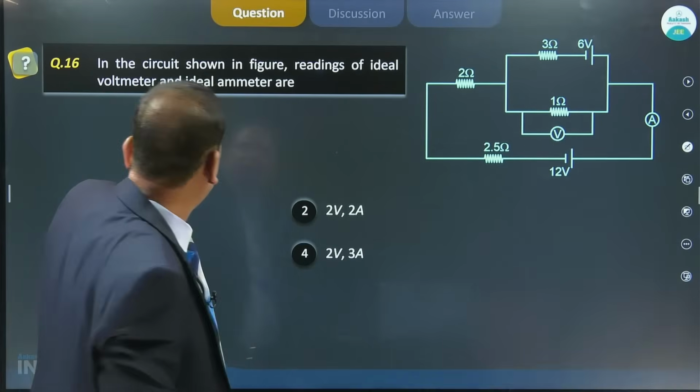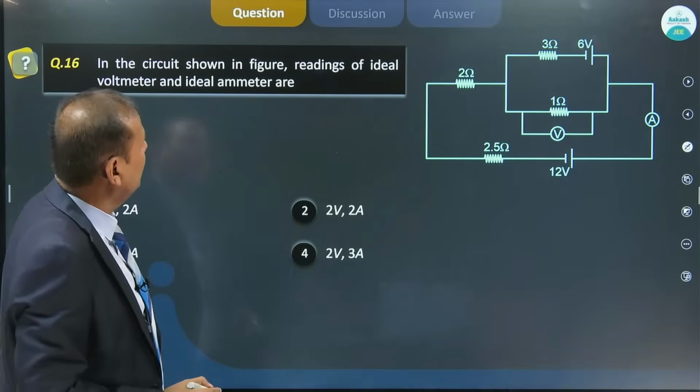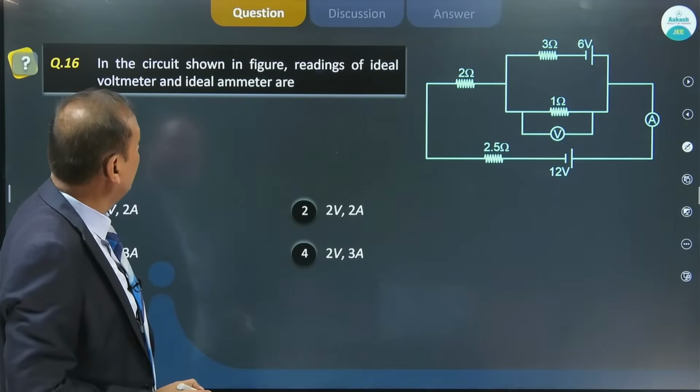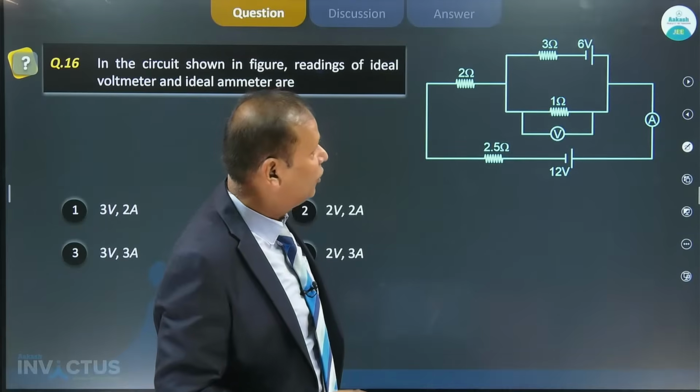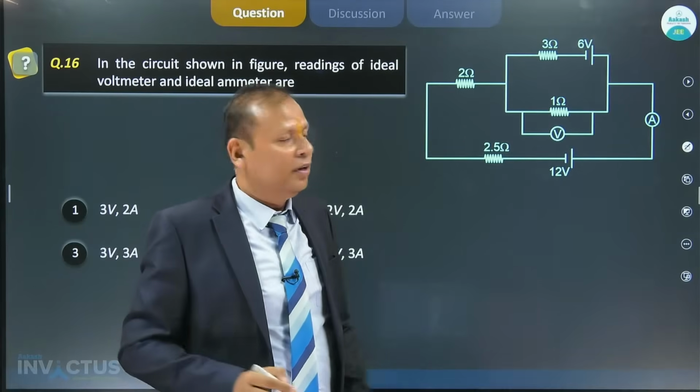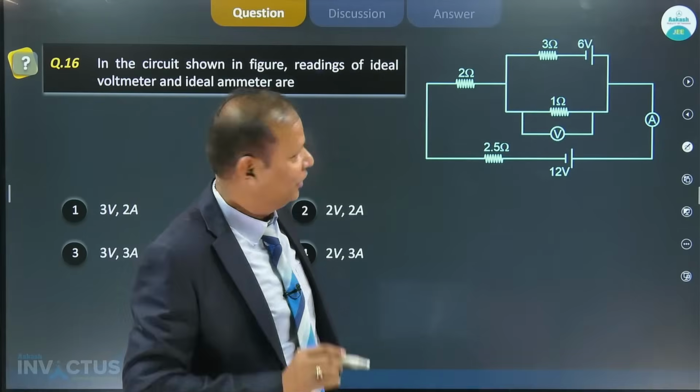So the next question is, in the circuit shown in the figure, find the readings of the ideal voltmeter and ideal ammeter. An ideal voltmeter has infinite resistance and an ideal ammeter has 0 resistance.